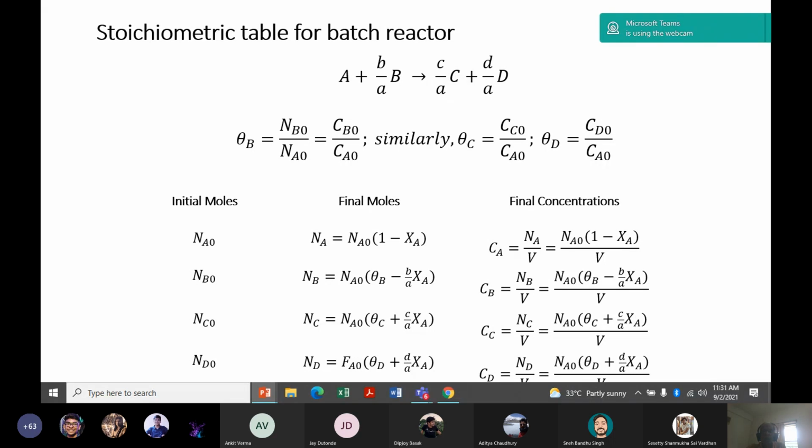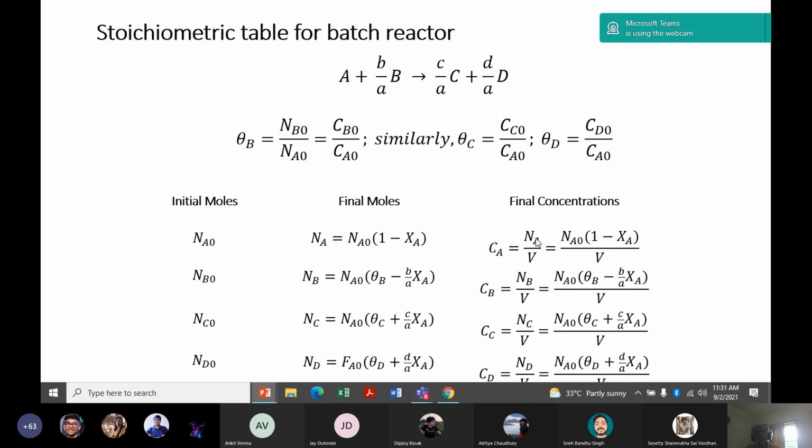For the final concentration we can write Na divided by the volume of the reactor. Initially we consider a constant volume reactor, so V is constant. But if there is a volume change with reaction, then V will be different at different reaction times.